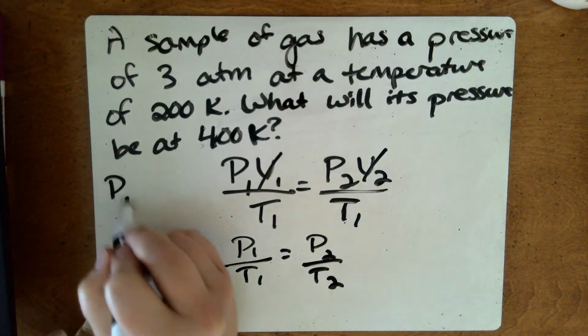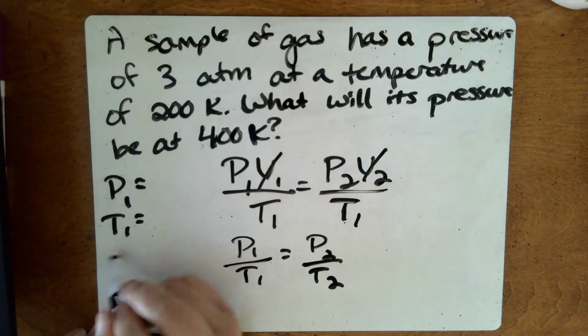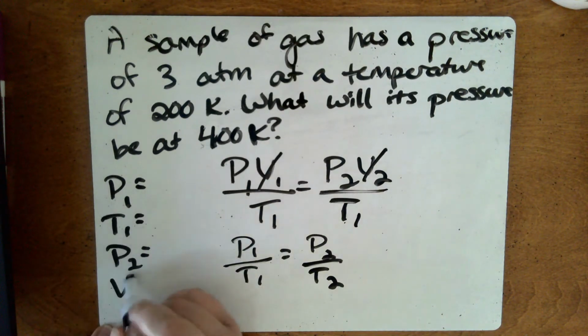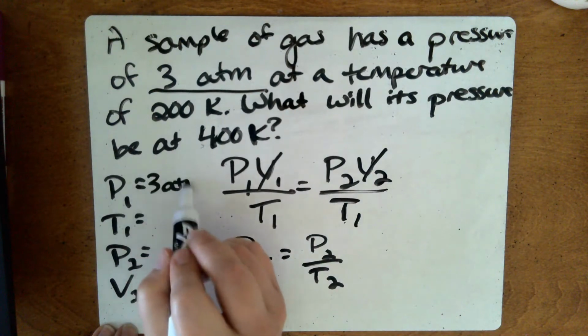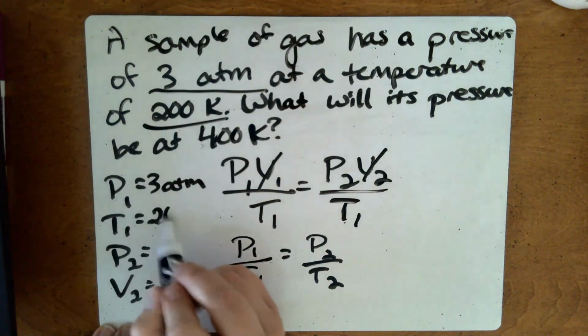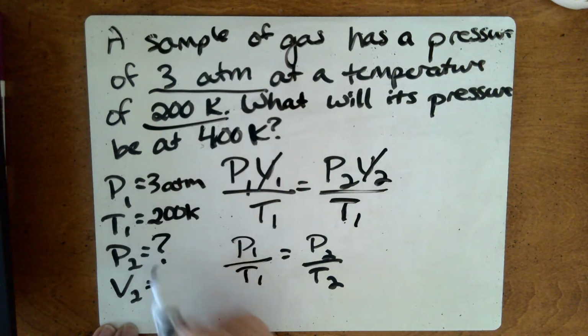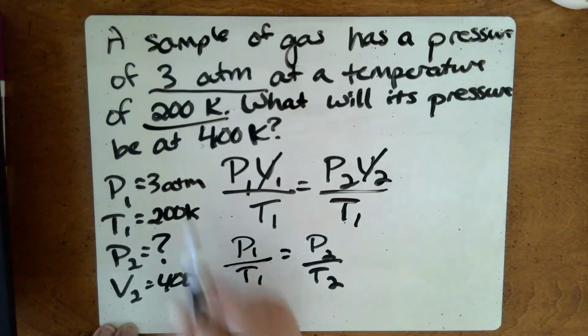So now I'm gonna list my variables off to the side. All right, so I know that initially the pressure is 3 atmospheres and its temperature is 200 Kelvin. And I wanna find the pressure at 400 Kelvin.